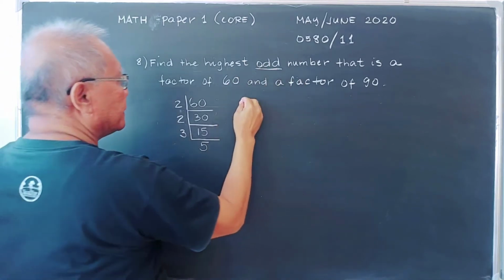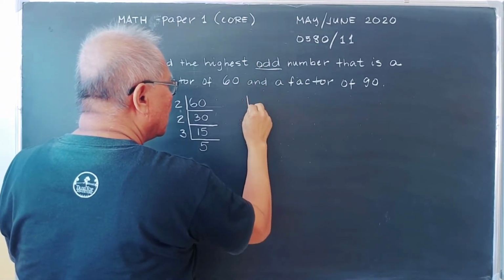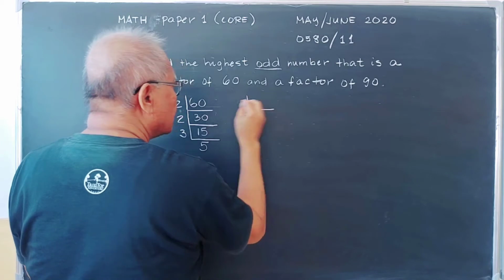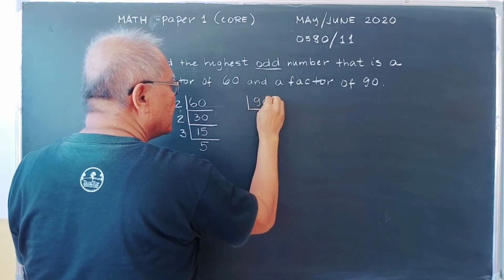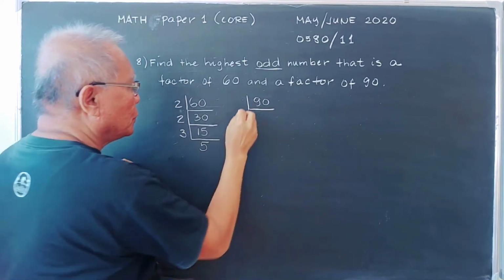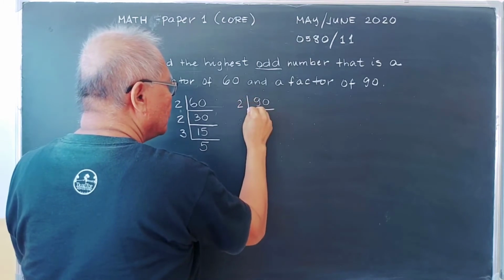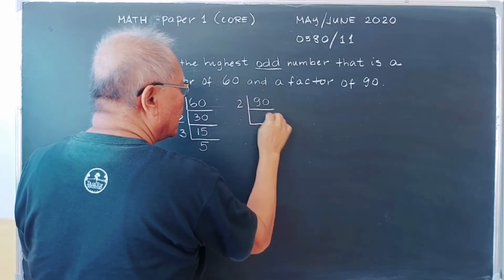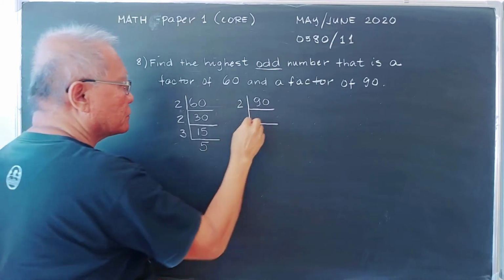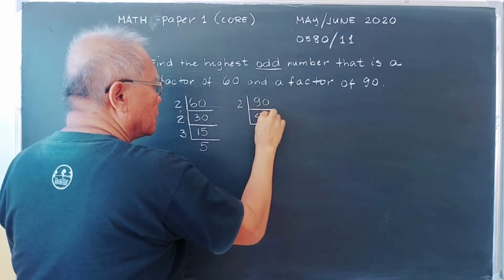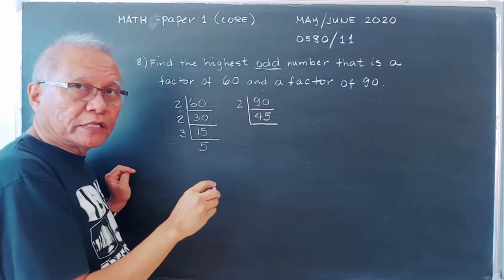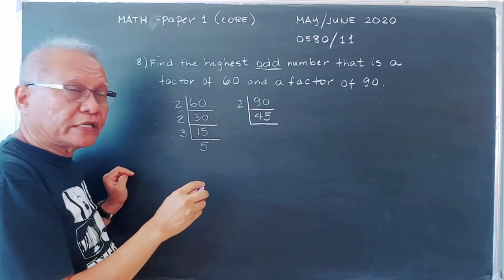Now let's have the 90. For 90, we will write our 90 the same as this. Then we start again with 2. 90 divided by 2 is 45. Now 45 is not divisible by 2, but we can divide it by 3.